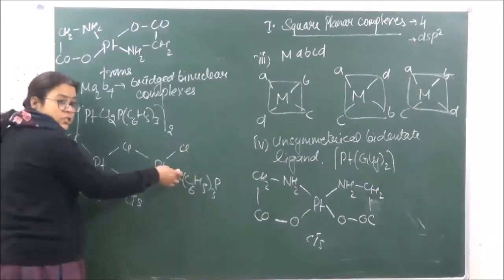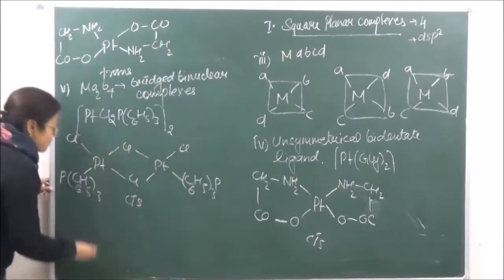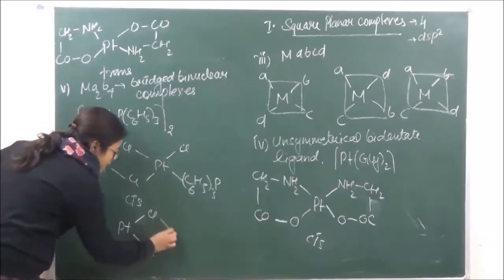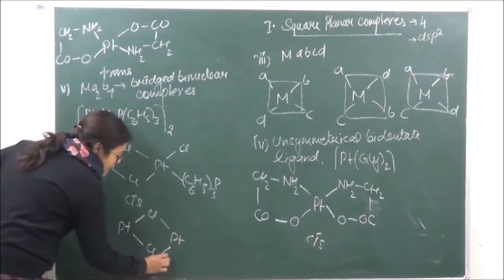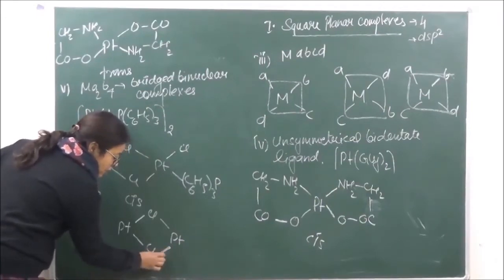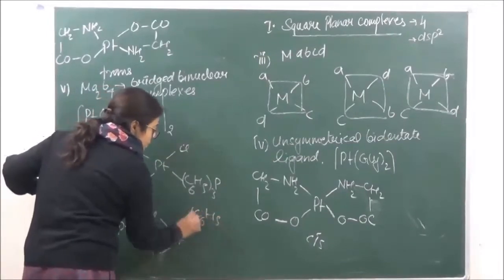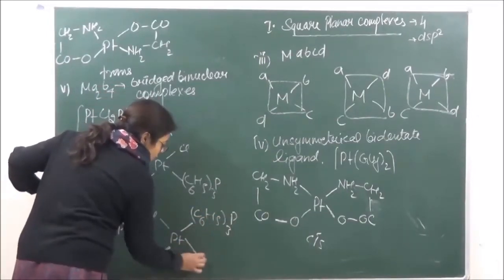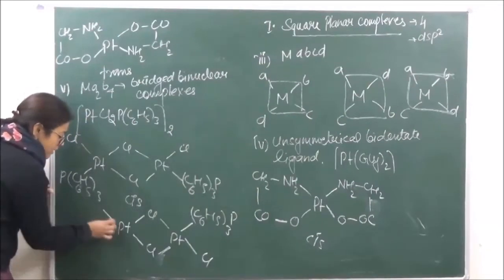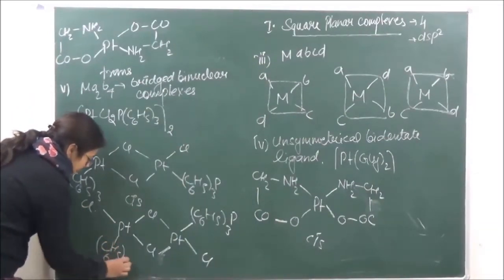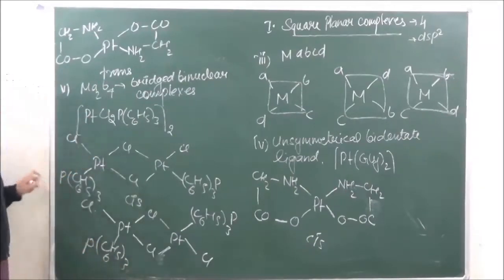This is going to change its position. So we have over here platinum, chlorine, platinum and platinum. Sorry, chlorine, and what do we have here? C6H5 thrice phosphine and chlorine, and over here we have chlorine and phosphine.